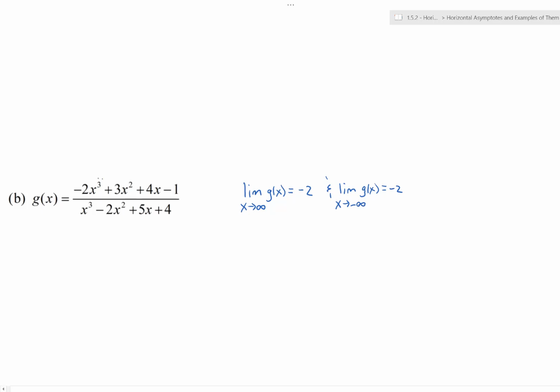In this case, the highest exponent happens to be in two different locations, and that is a 3. So what we do is we multiply by 1 over x to that highest power in the numerator and denominator.